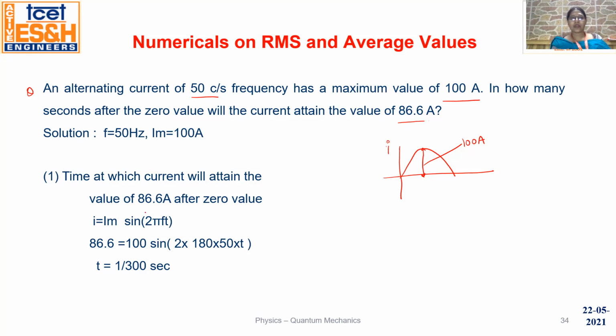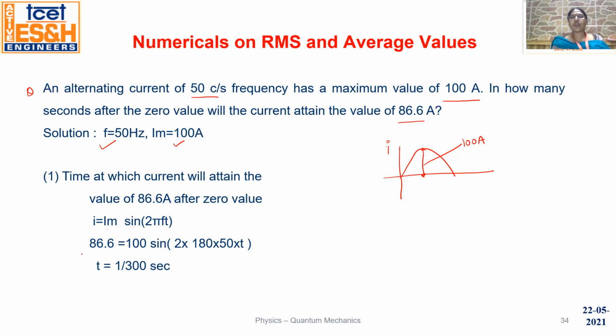So see, first of all the value of frequency is already given and the maximum value is given. So you have to put simply Im sine 2 pi ft.